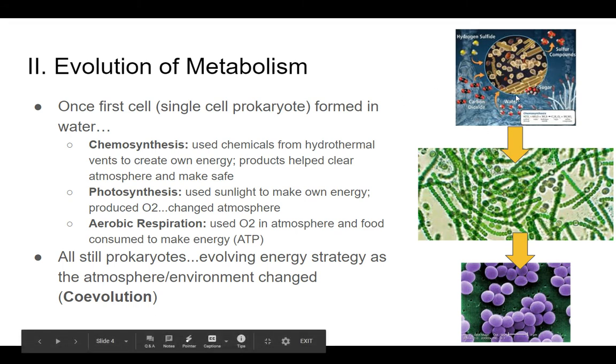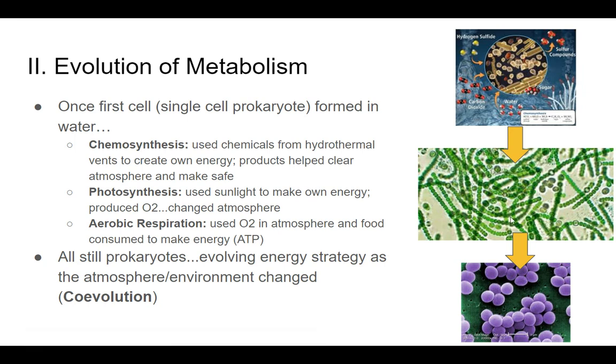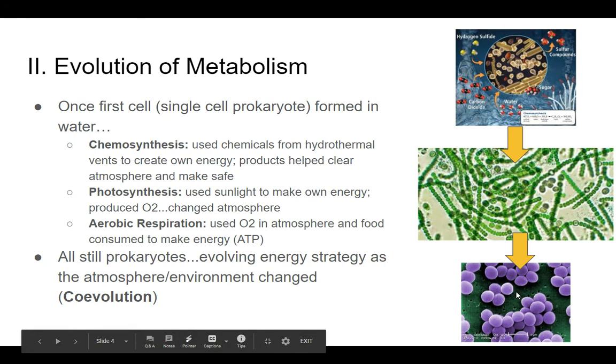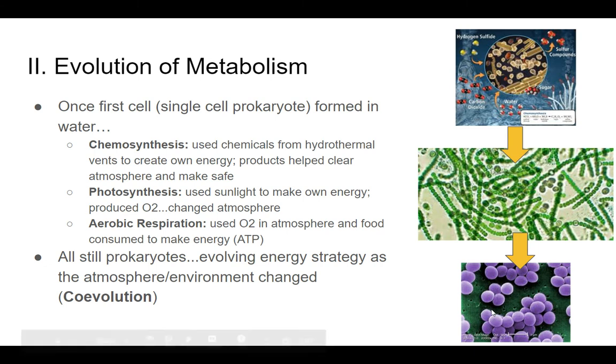Our pictures over here, this is our chemosynthetic prokaryote that gives rise to our photosynthetic prokaryote. This is a really common photosynthetic prokaryote that still exists in high counts today. It's called cyanobacteria. And then eventually to our aerobic prokaryotes.